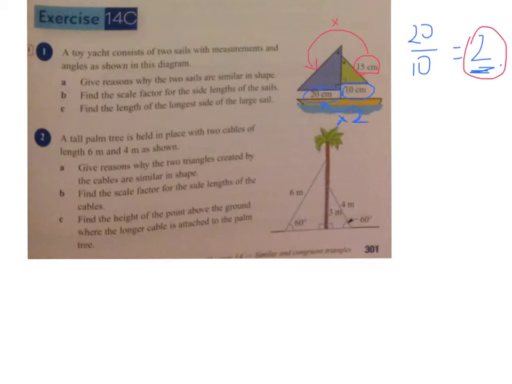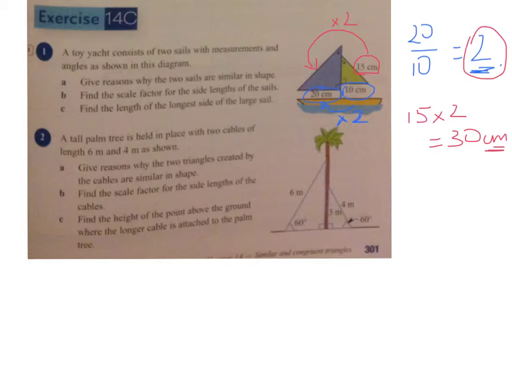That's our scale factor of 2, so times 2. That's easy. So 15 times 2, the length is going to be 30 centimetres. Don't forget the units because they're worded questions. So the longest side of the sail is 30 centimetres.